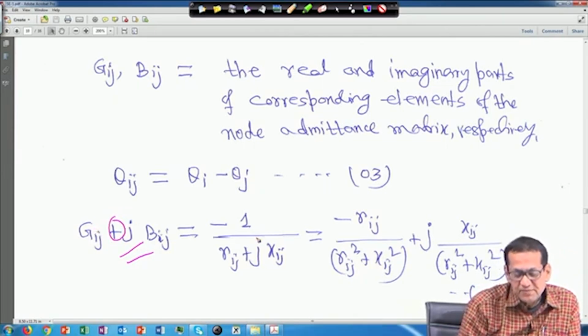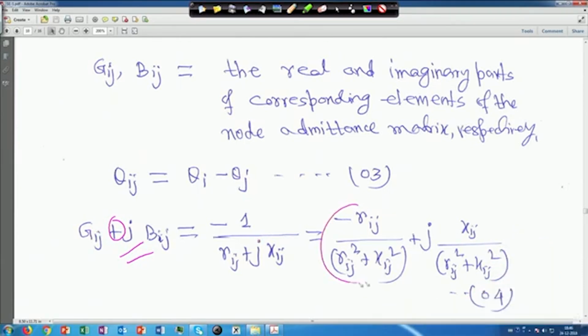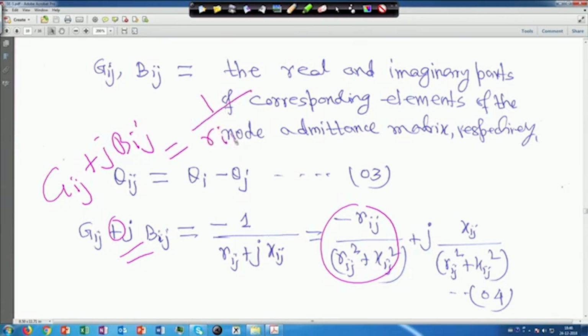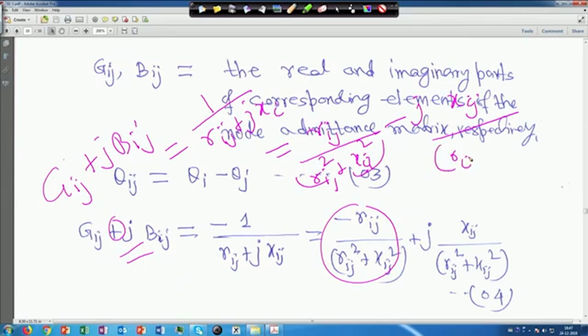If you take minus, then minus 1 upon R_ij + jX_ij, so this becomes minus R_ij upon R_ij squared + X_ij squared plus jX_ij divided by R_ij squared + X_ij squared. Later we will simply take G_ij + jB_ij equal to 1 upon R_ij + jX_ij, that is R_ij divided by R_ij squared + X_ij squared minus jX_ij divided by R_ij squared + X_ij squared.